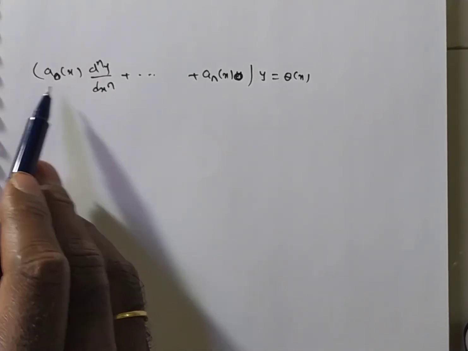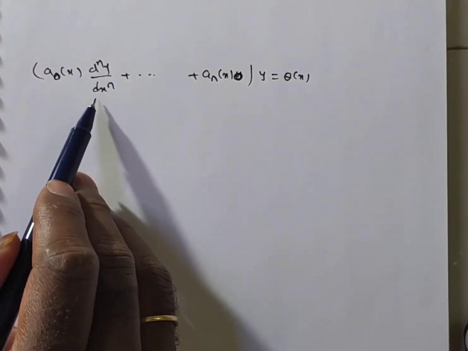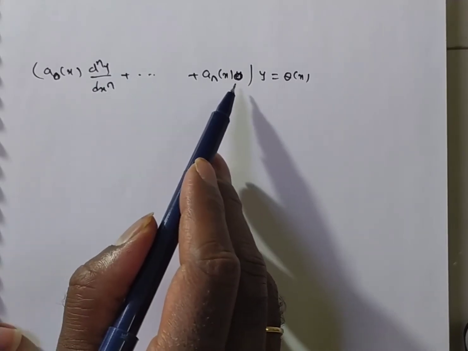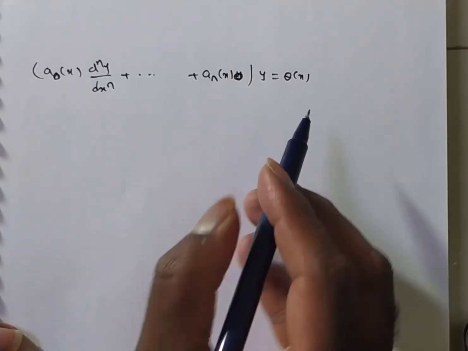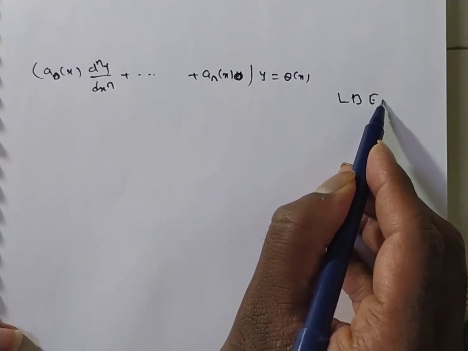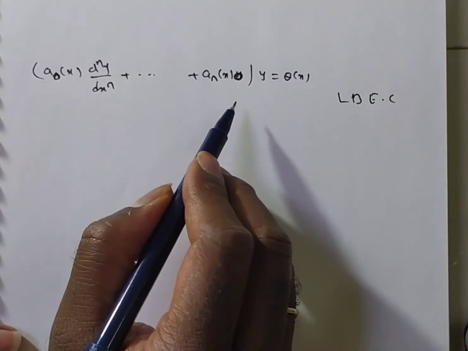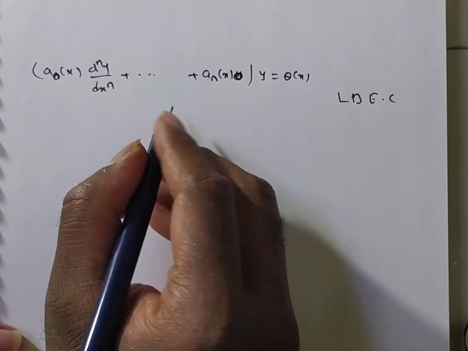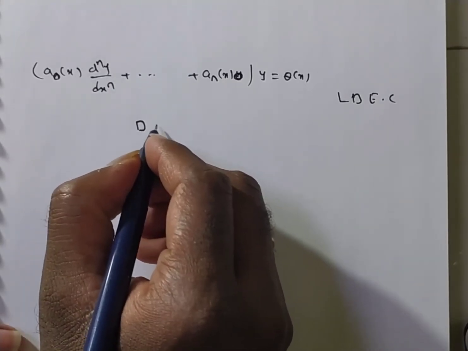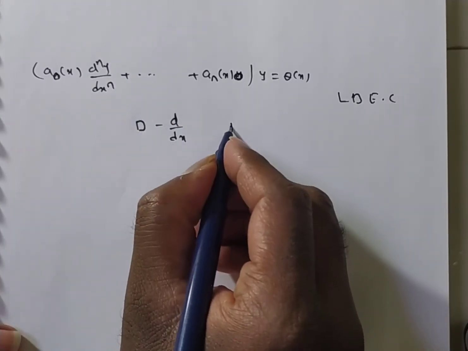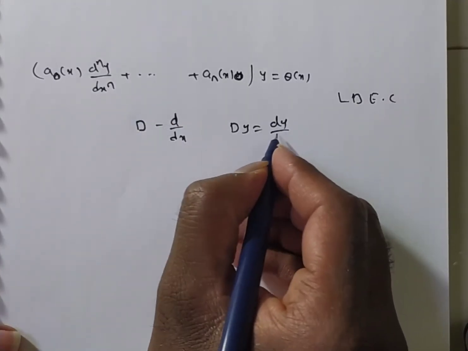See, a naught of x d^n y by dx^n and a1 of x d^(n-1) y by dx^(n-1) plus and so on, an of x into y is equal to q of x, is called a linear differential equation with constant coefficients if a naught, a1, and so on, an are all constants. Right. Now we have to introduce the operator, that is, we are denoting d by dx with D. If you apply this, Dy we are denoting with dy by dx.